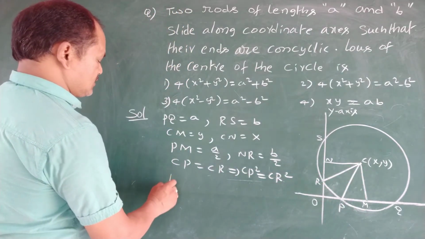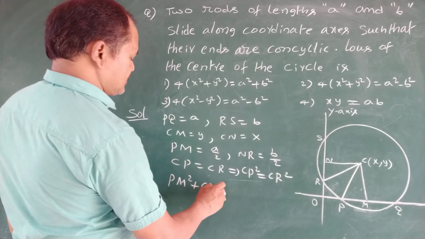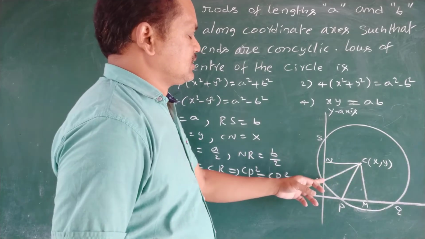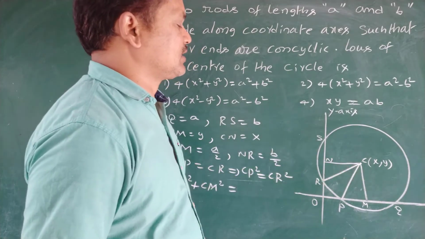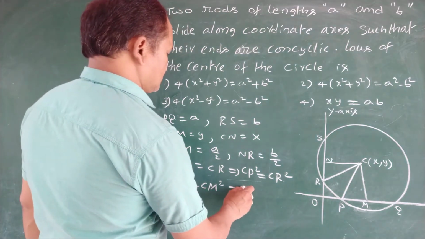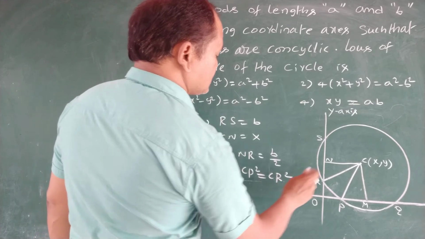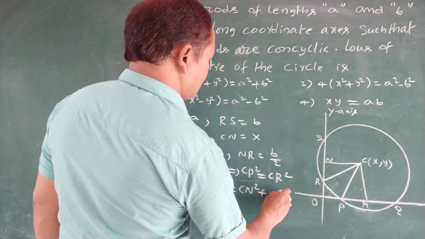That is equal to CR square, which is also from the Pythagoras theorem in the right angle triangle CNR, that is CN square plus NR square.